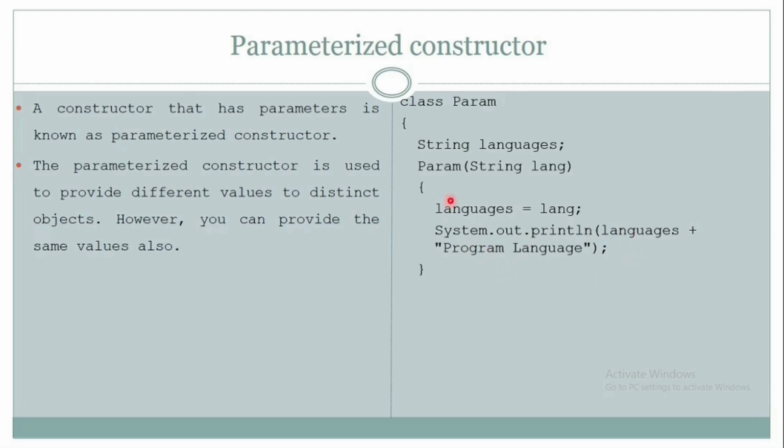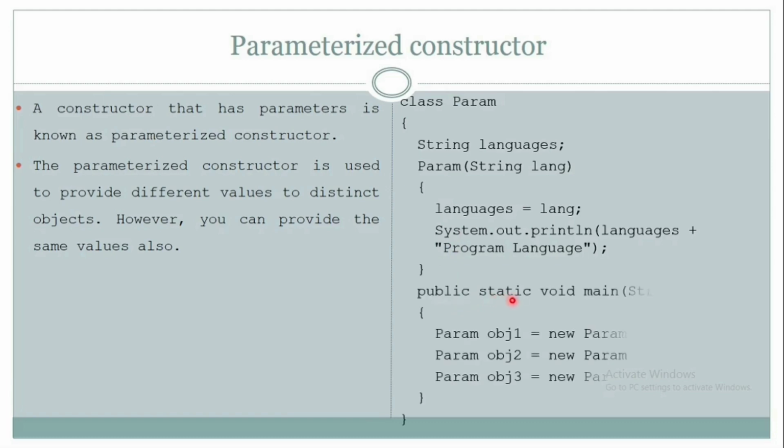Now how can I call this constructor? The constructor is called automatically when I create an object. So where do I have to create the object? In the main method. I have created 3 objects here: object 1, object 2 and object 3, and each object is passing some values.